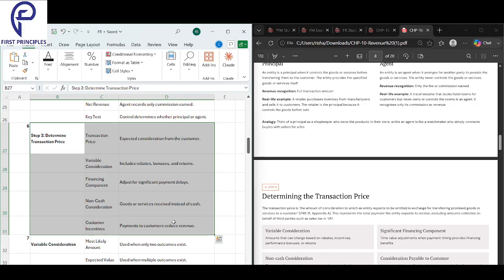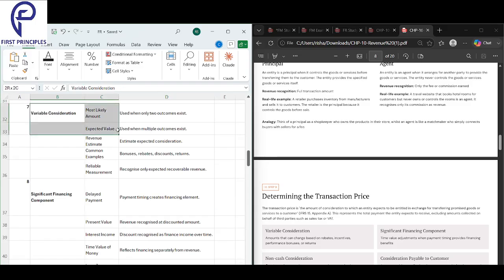And there are four types here. Variable consideration includes rebates, bonus, and returns. Financing is a lot of time gap between transaction and settlement. Non-cash is when you pay in other than money. Customer incentives is you pay to the customers to reduce revenue.